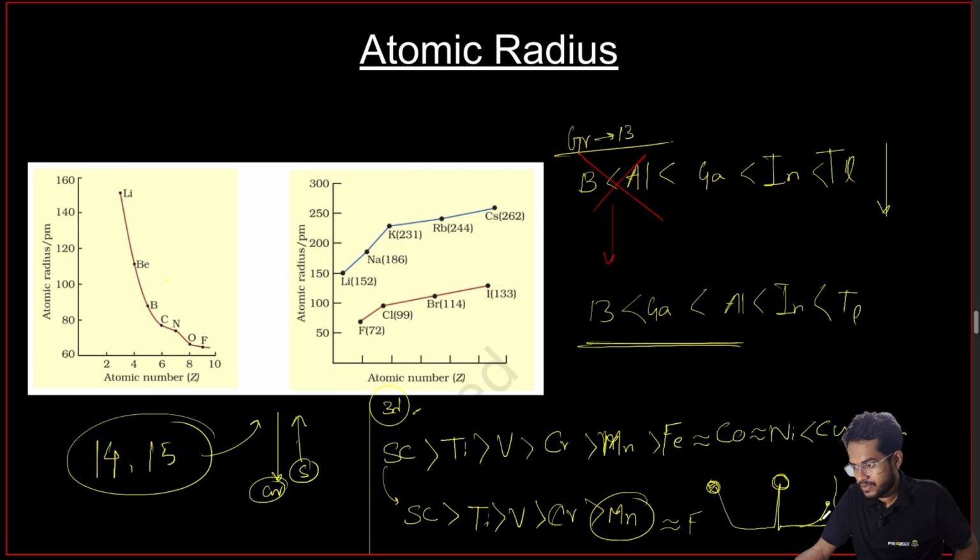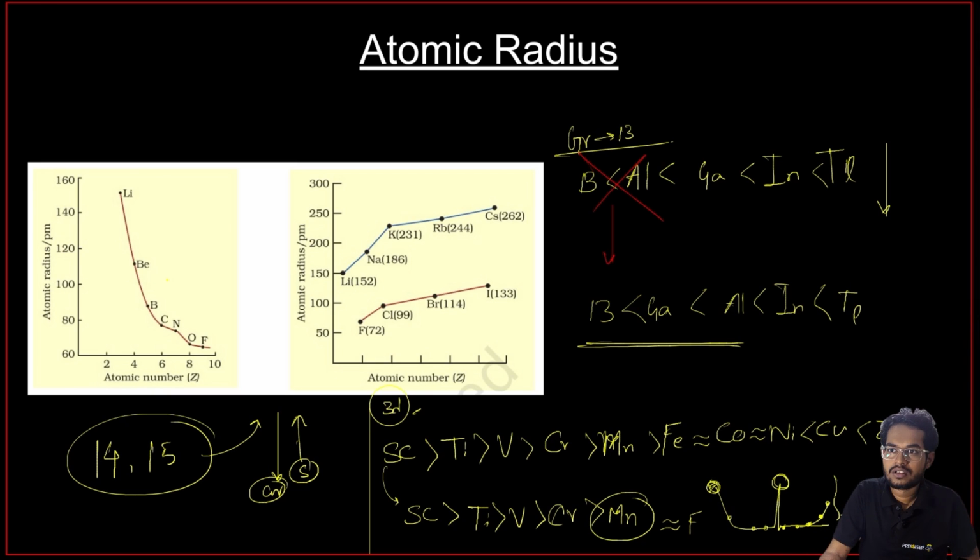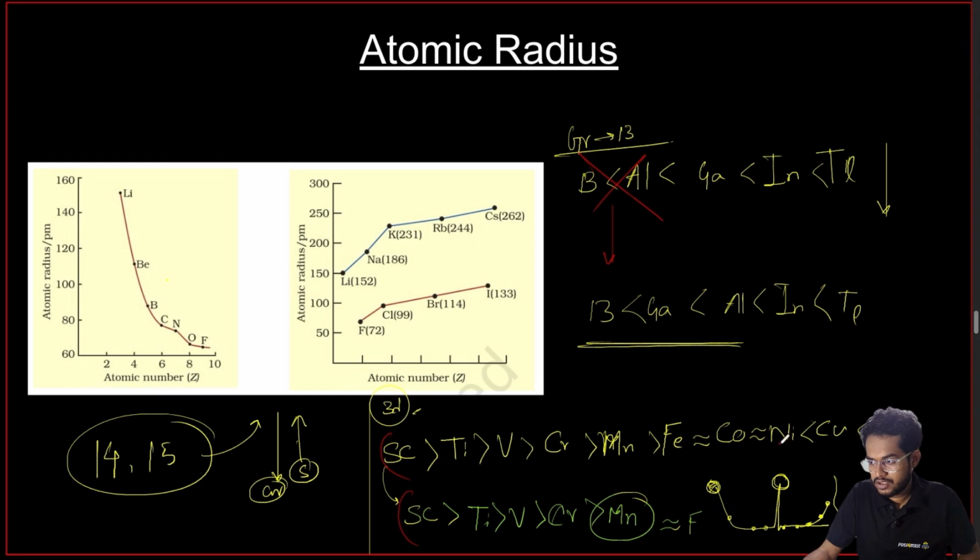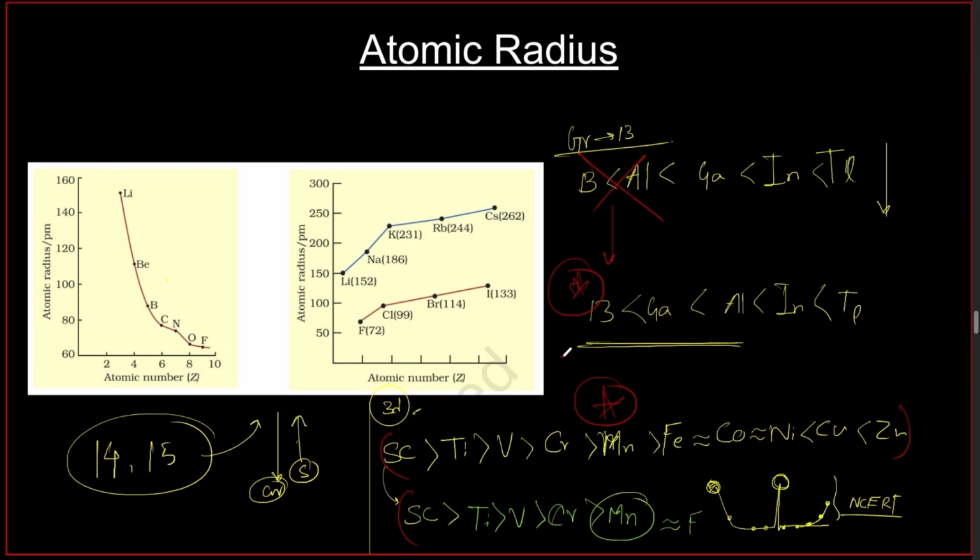This one is zinc, this one is your copper, nickel, cobalt, iron, manganese, chromium, vanadium, titanium, scandium. Okay, so keep this one in mind also. Let me mark it with red. And for 14 and 15 it remains the same.